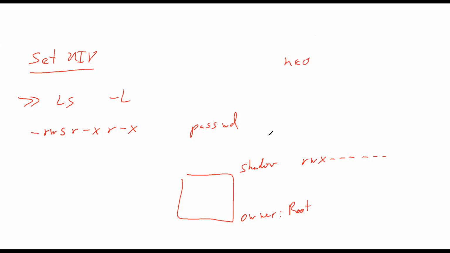So Neo needs to change his password. So Neo needs to access the shadow file. But the problem is the shadow file is what? Root owned, and only root can access. Do you guys see that, guys?